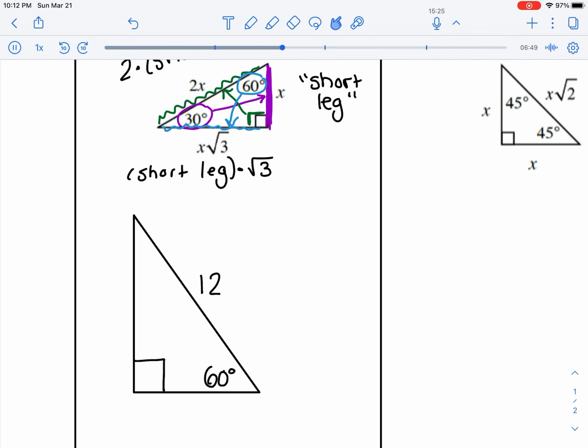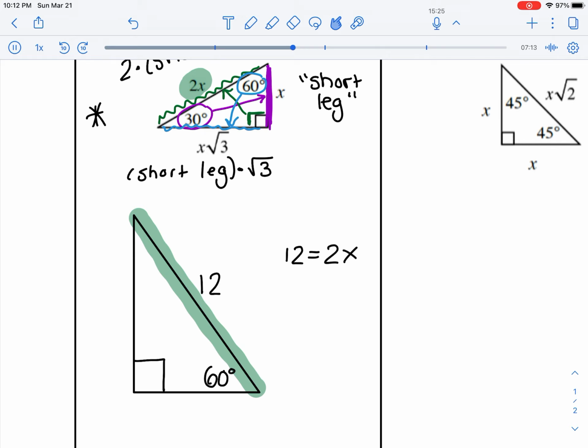I want to look at this triangle and compare it to what it looks like in my reference triangle that I have up top. And I notice that that side length I've marked 12 is the hypotenuse, which corresponds to 2x. So 12 equals 2x.